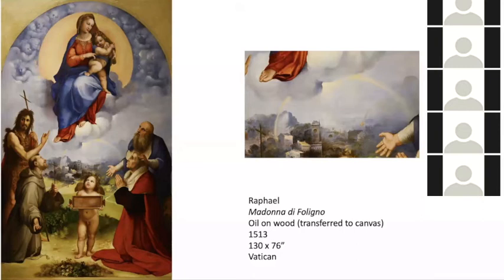Well, let me just give you an overview. So this is the donor, Conti, and this is Saint Jerome. Then we have St. John the Baptist over here with his animal skins, and St. Francis. Then we have a putti in the center. For whatever reason, the plaque was never completed.